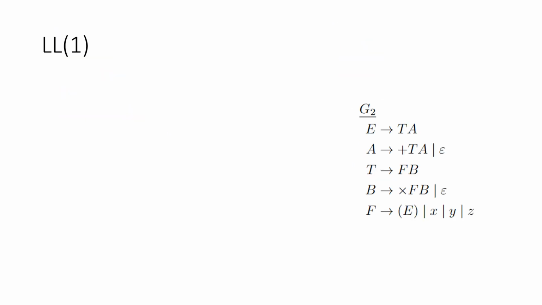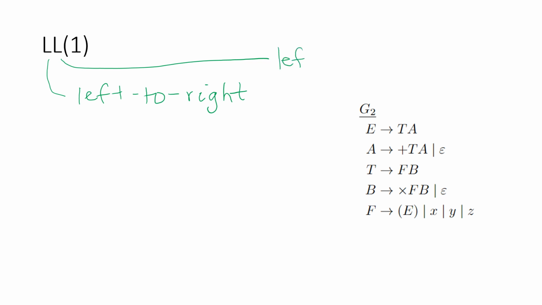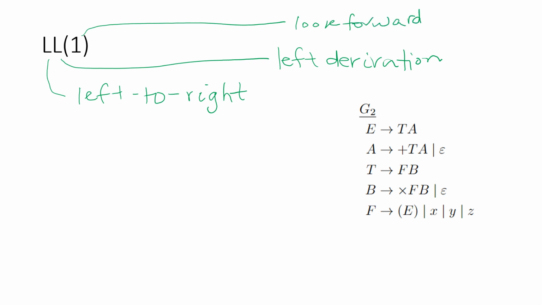The grammar G2 is something which is known as being LL(1). So this first L means we read from left to right. This second L means that we create a left derivation of the string, and this 1 means that we look forward at most one character.